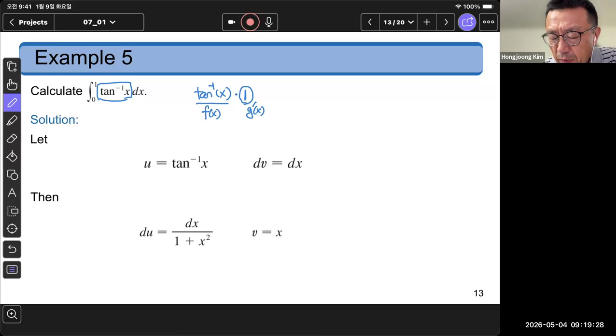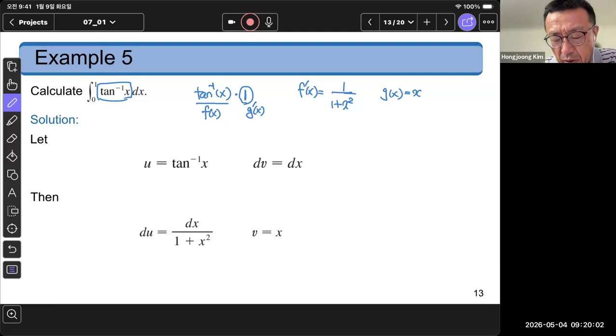Then what is f prime? What is the derivative of the arctangent? 1 over 1 plus x squared. And if the derivative of a certain function g is 1, what will be g of x? Which function shall I differentiate to get 1 as the derivative? It will be x.